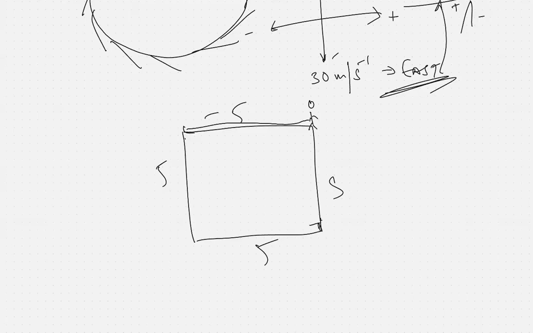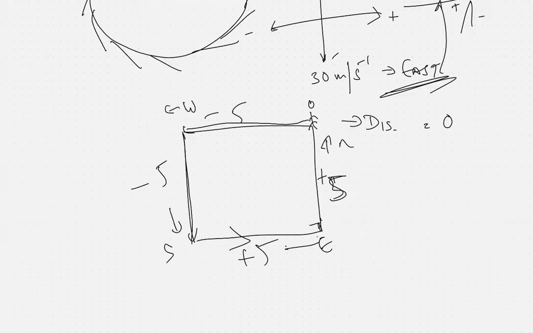Then going this way, we say +5. And then going up again, 5 is plus. So this man's displacement is going to be 0. Instead of left and right, you can say going west, going south, going east, and then north. When you calculate all those by putting the right sign, negative or positive, you get 0.